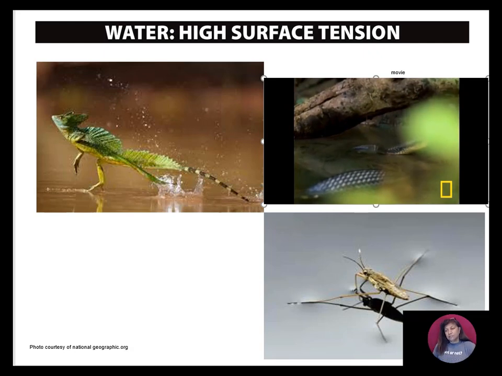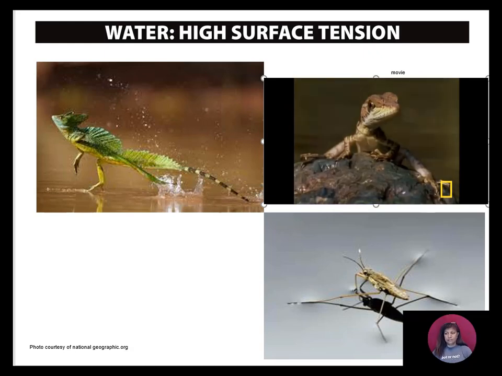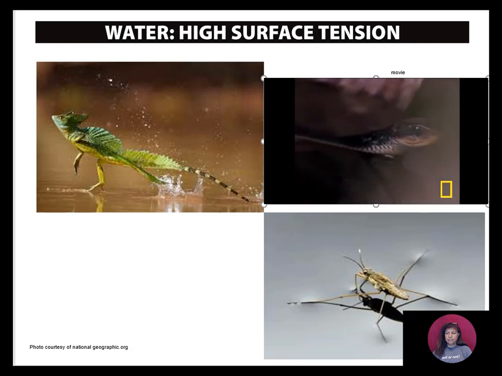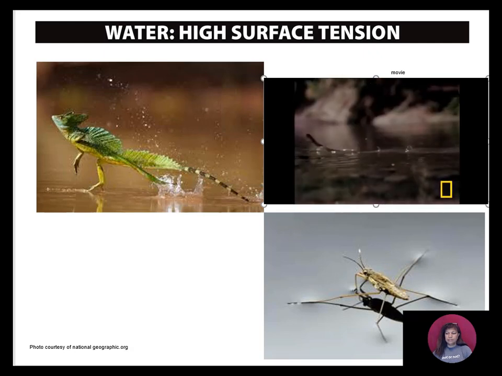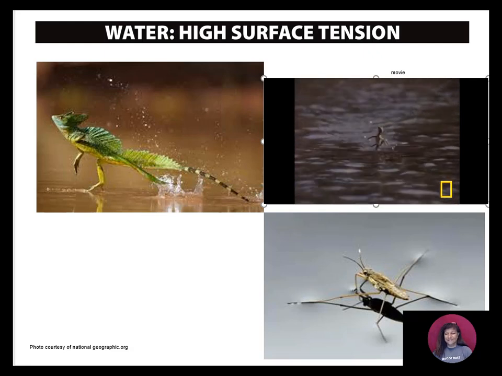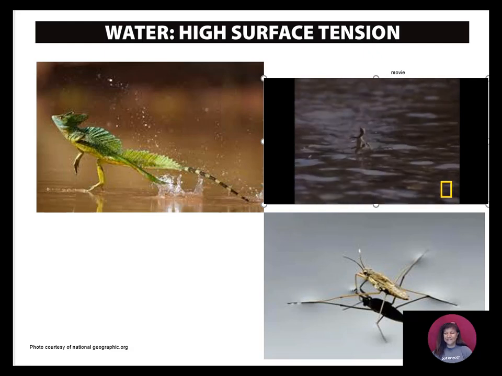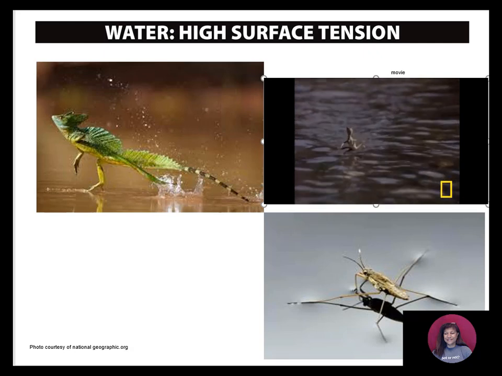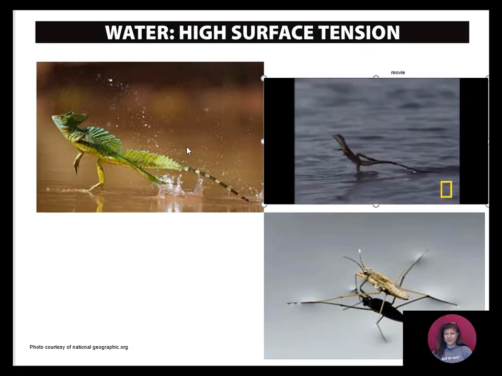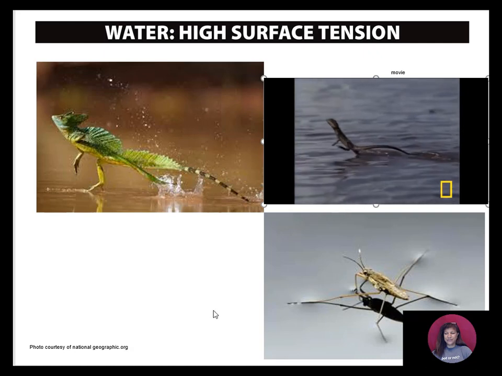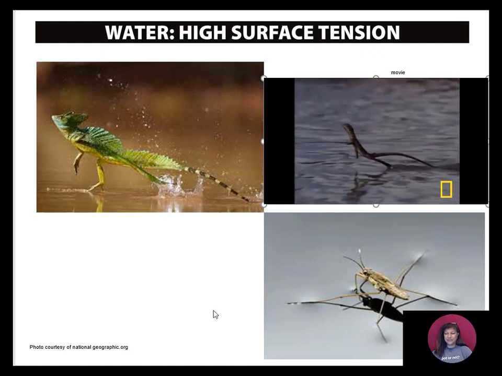This predatory reptile will help reveal the secret as it stalks the young basilisk. The basilisk is called the Jesus Christ lizard because it can walk, well, really run on water.